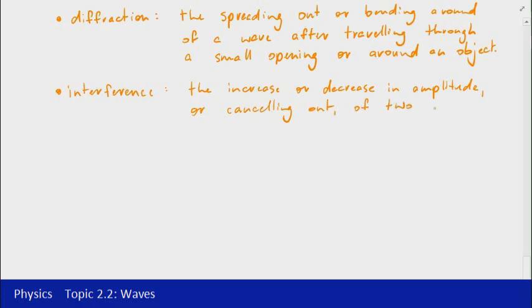Note that we are dealing with two waves for interference to occur, whereas all of the others are a single wave by itself. The increase or decrease in amplitude, or the cancelling out of the two waves, will occur as they pass each other in a medium.